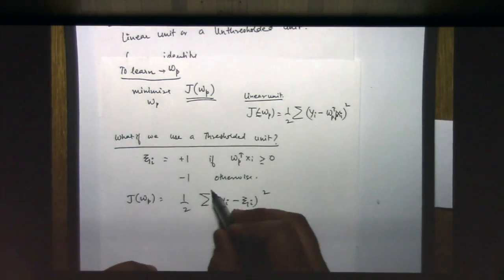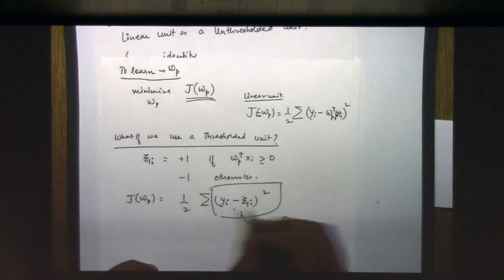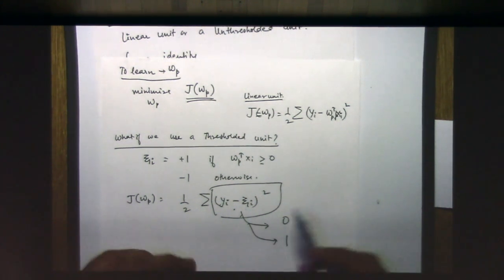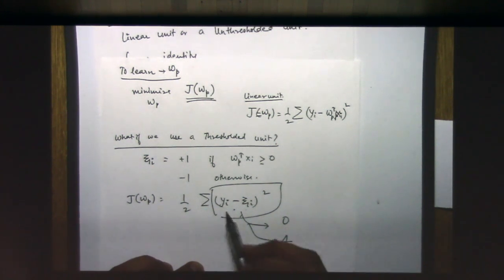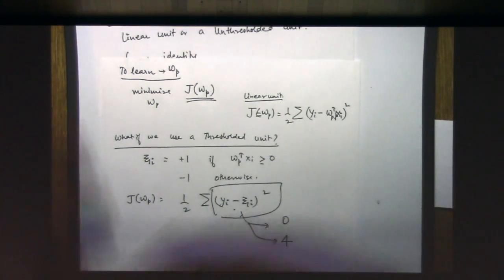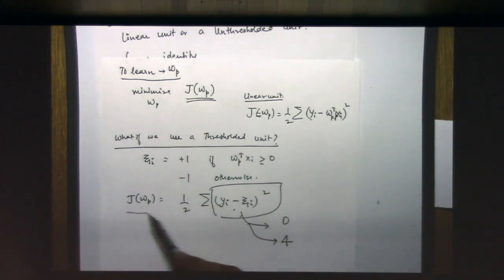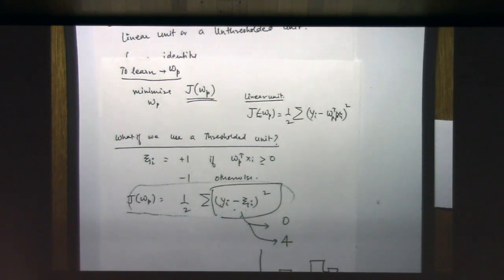It could be 0 if both of them are the same, or it could be 4, because one of them could be +1 and one -1, so +1 minus -1 is 2, and 2 squared is 4. Which means that this error function will no longer be smooth. If you only had one weight, it would look like this. Is that clear?